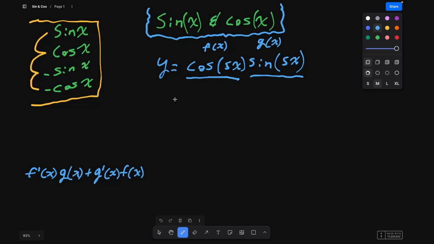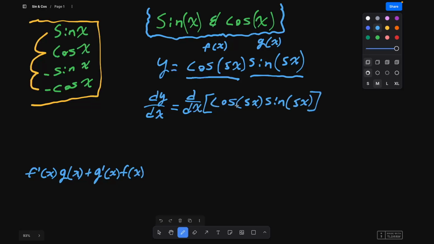So if we want to take a derivative of both sides, we have dy dx equals the derivative of cosine 5x times sine 5x.